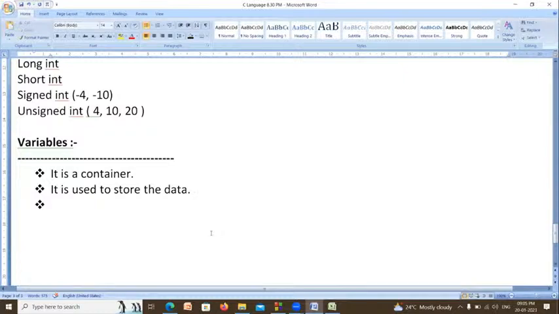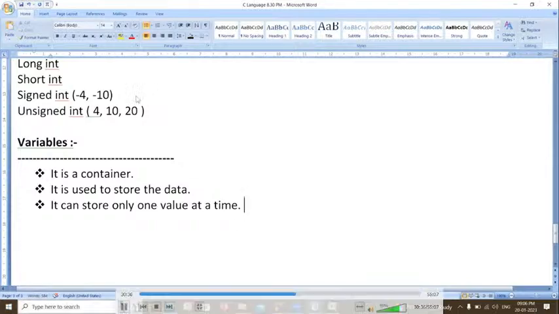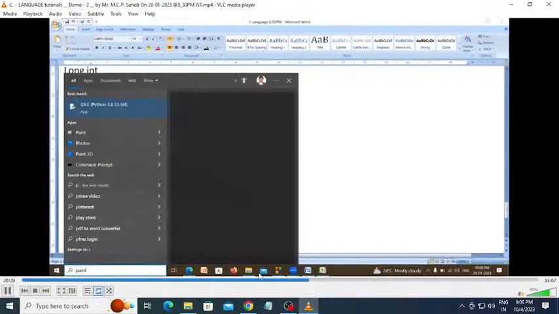I have to stand up and you have to sit there. Why? Because in a chair, only one person can sit. In the same manner, in a variable, only one value it can store. So it can store only one value at a time. So I will explain it using a paintbrush.